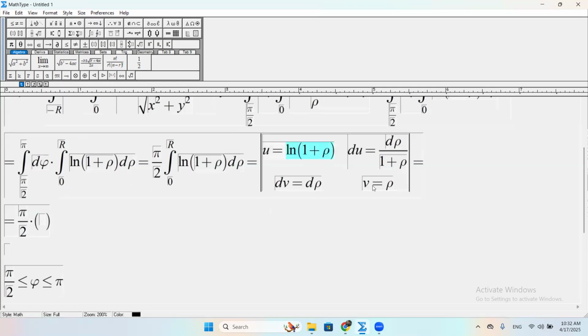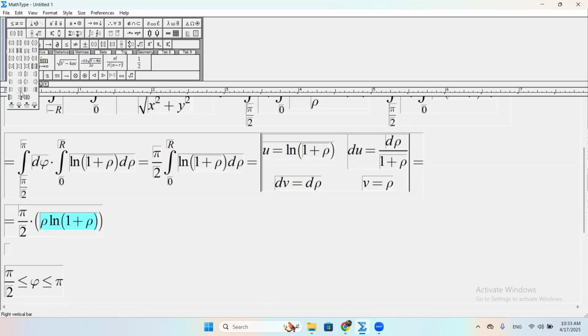Rho multiplied by this logarithm, with the substitutions from 0 to r, and minus this expression.